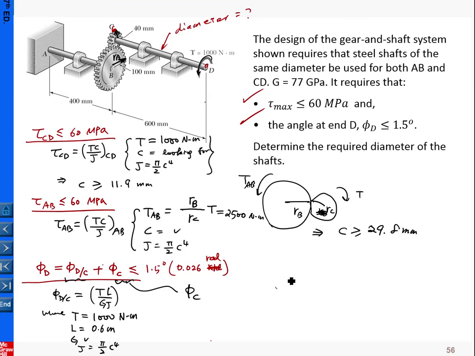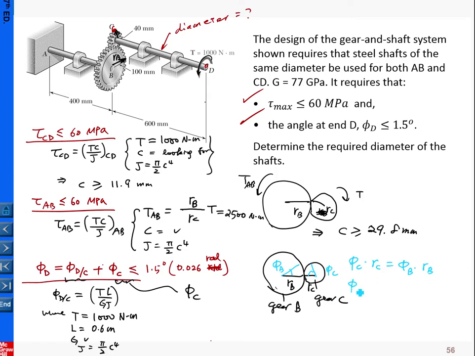Okay, so now what is phi C? Phi C is the angle of rotation. This is gear C, and this is gear B, with radius RB and radius RC here. From here you can see this is phi C and this is phi B. So phi C times RC equals phi B times RB.